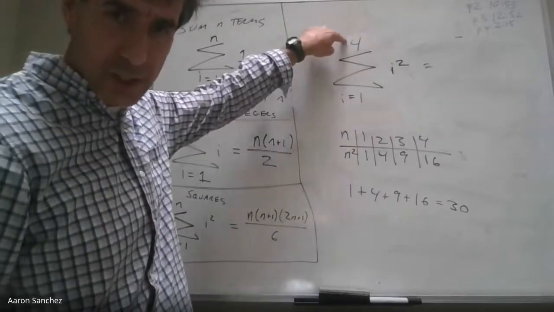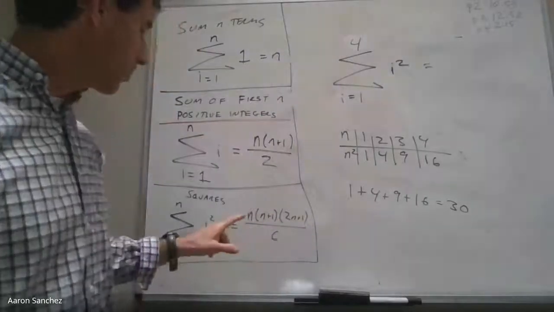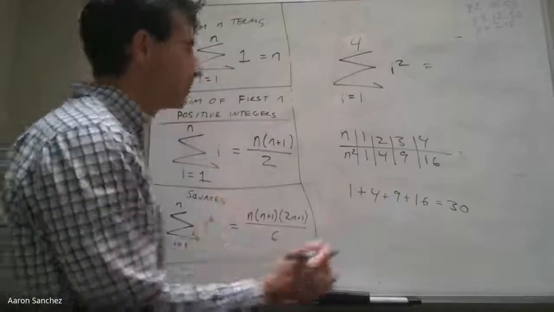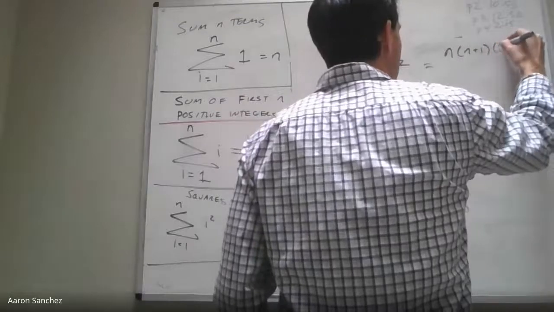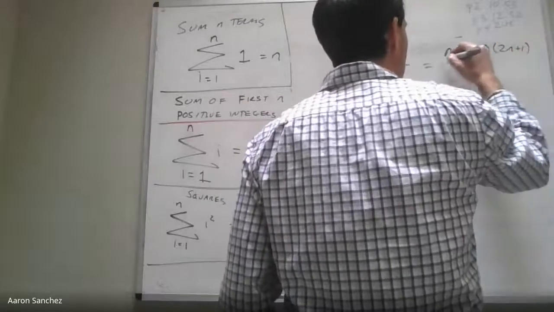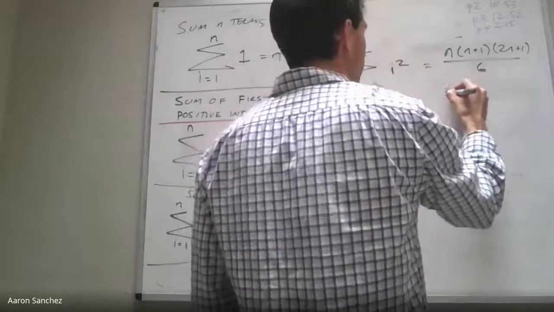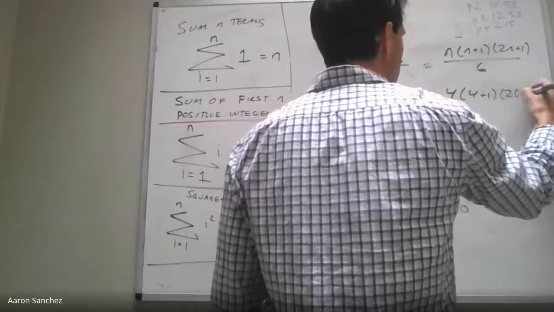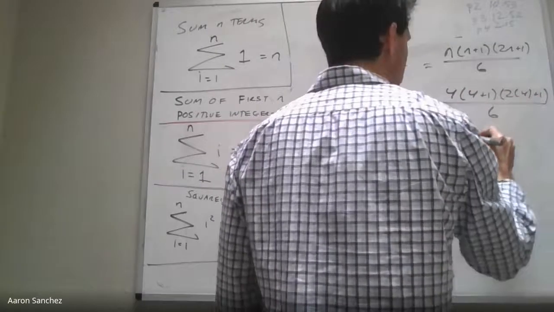Did you say 4, Elise? Yeah, good. So we plug in 4. It's the number that's up here. So I want to plug it into this equation: n times n plus 1 times 2n plus 1, all divided by 6. So 4 times 4 plus 1 times 2 times 4 plus 1, all divided by 6.